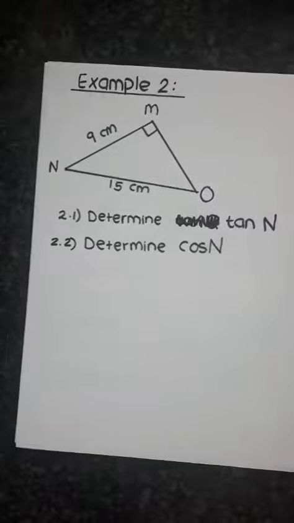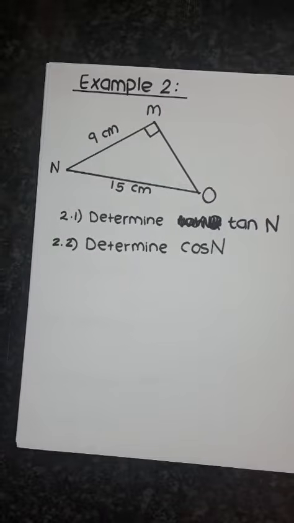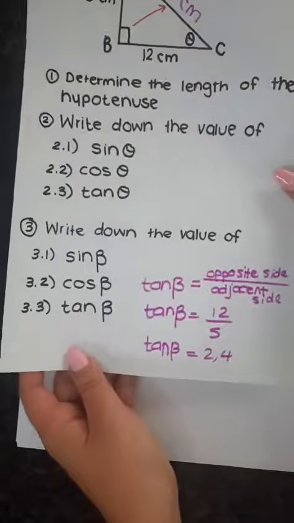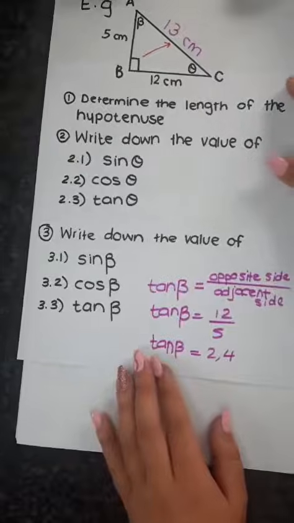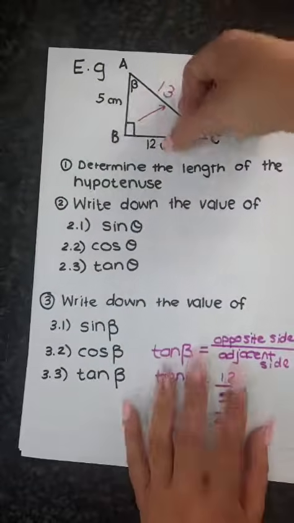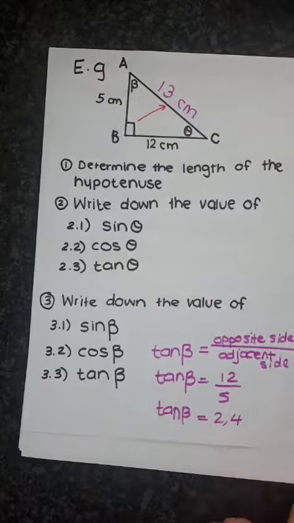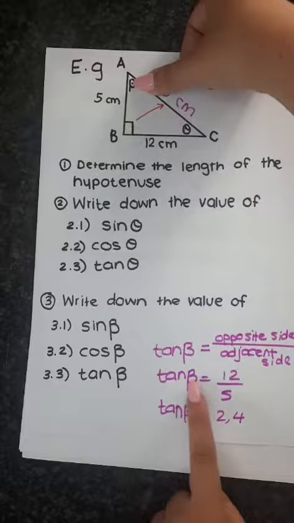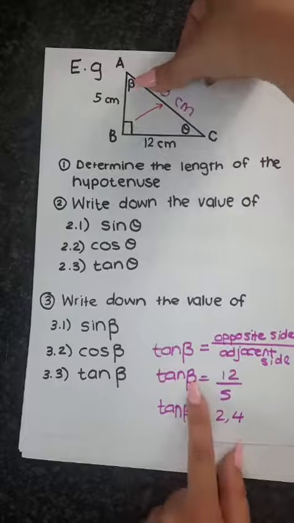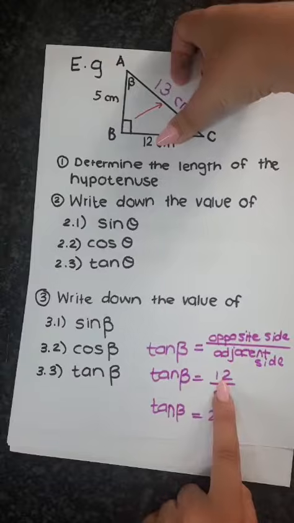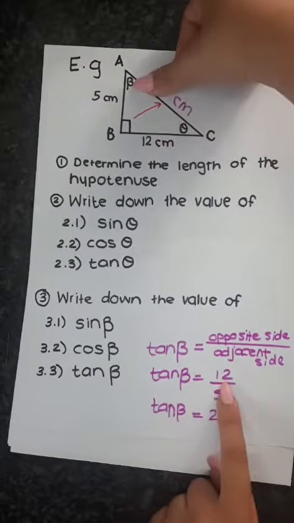I see some people asking me, why is it 2.4? Are you guys talking about this question? Okay, beta, remember tan is opposite over adjacent. So what is opposite beta? Remember, we're looking for tan beta. Opposite beta is 12. And then adjacent to beta, so adjacent means next to.